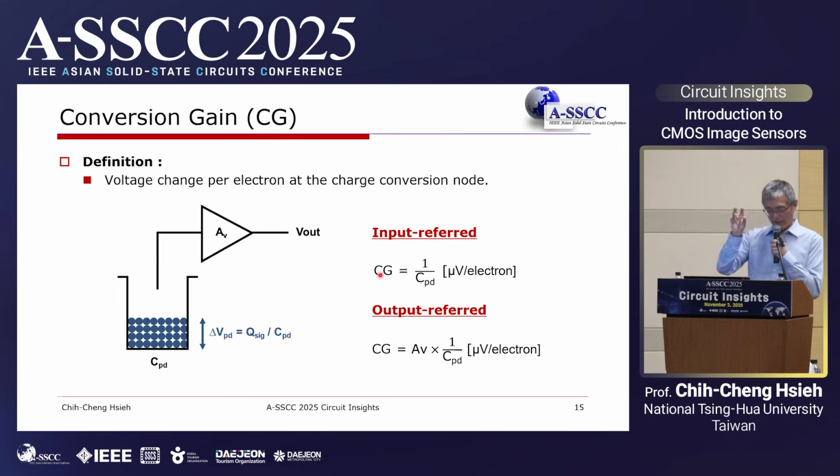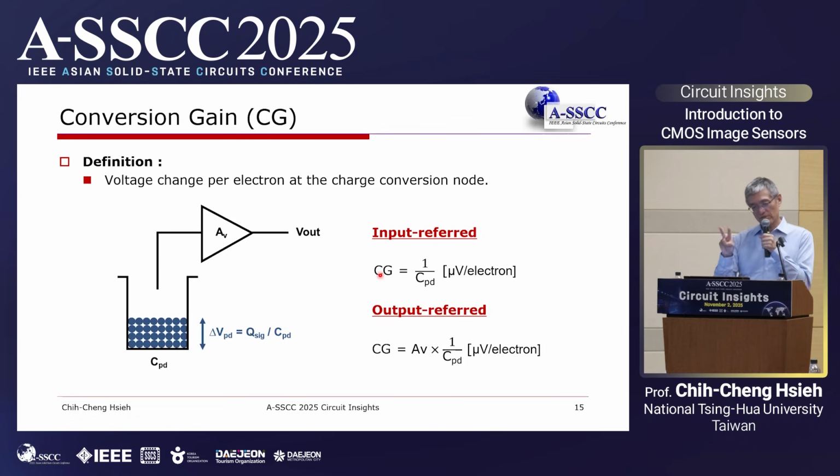Got it? So basically, we see that the full well capacity is proportional to the capacitance. But in contrast, the Q to V conversion gain is inversely proportional to the capacitance.